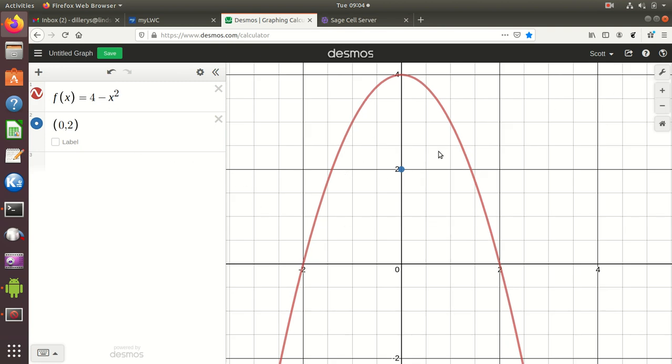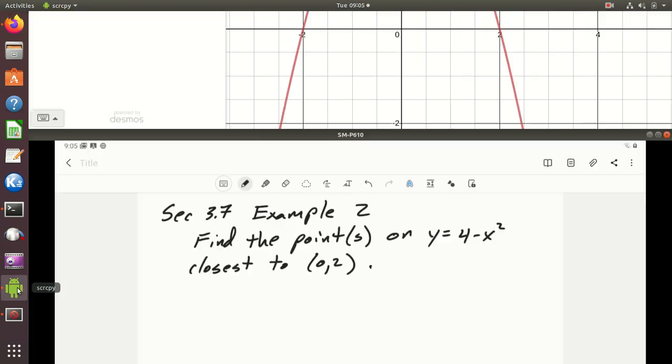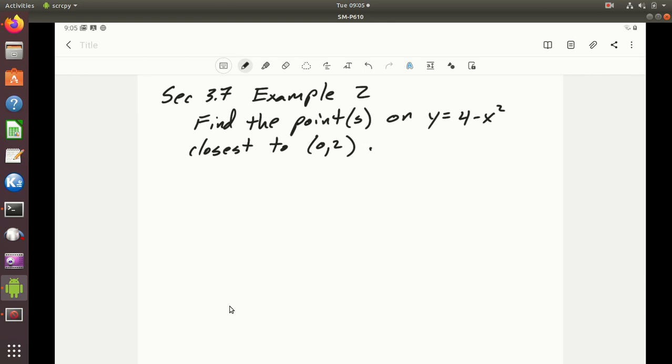Okay, so I'm trying to find points on the graph here closest to that point, and with the symmetry, I do assume I'll probably find 2 points. And so let's go back here, and so I'll draw kind of what we had.